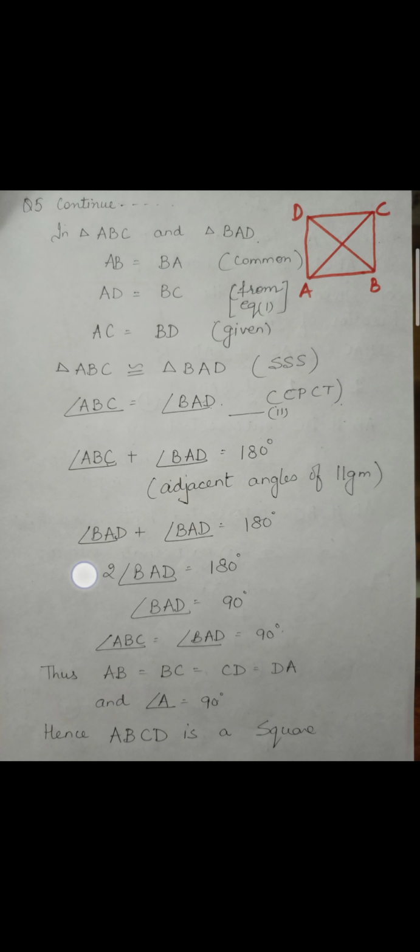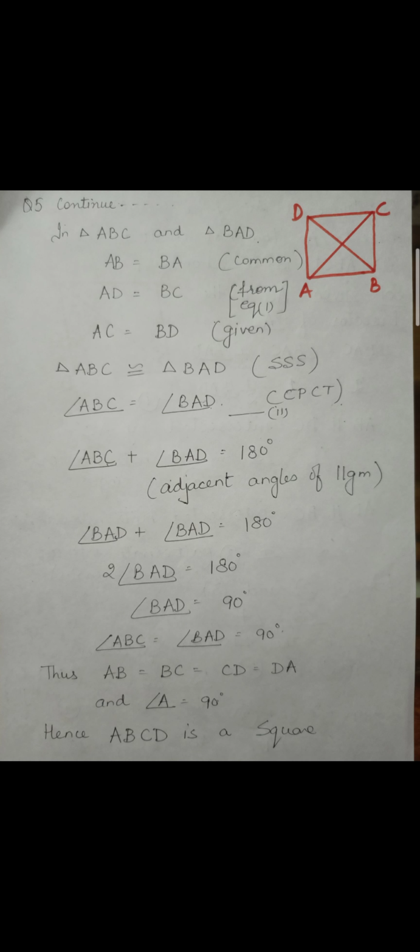That's why we have written BAD plus BAD is 180 degrees. Twice BAD is 180 degrees. BAD is 90 degrees. Then ABC is also 90 degrees. That means angles A and B are both equal to 90 degrees. So all sides are equal, angles are equal to 90 degrees, so it becomes a square. So ABCD is a square.